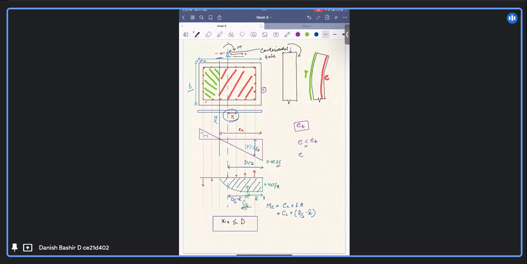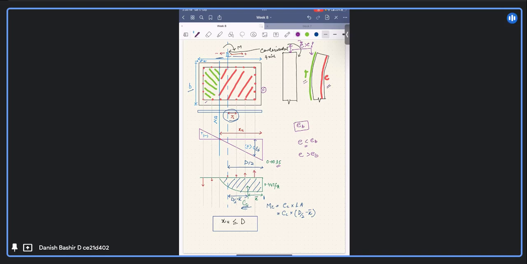Then if this eccentricity is high enough, E is greater than EB. Now this load is acting somewhere here. It is very much large. E is greater than EB. Then this P will create such a high moment that it will bend the column like this. This side will be in compression and this side will be in tension.